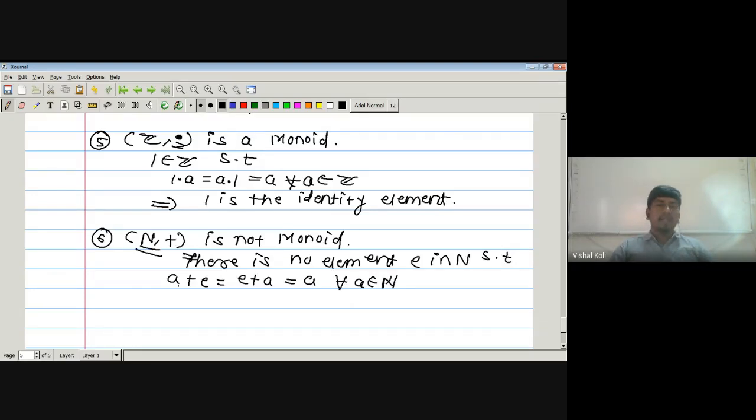This is true for E equal to 0, but 0 is not a member of the set of natural numbers. Hence, there is no element in the set of natural numbers which satisfies this property, which implies the identity element does not exist. Therefore, this one is not a monoid. Okay. Any doubt?